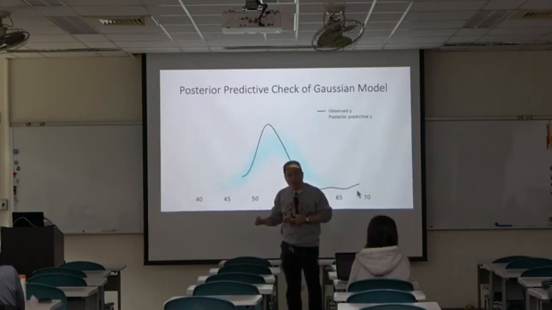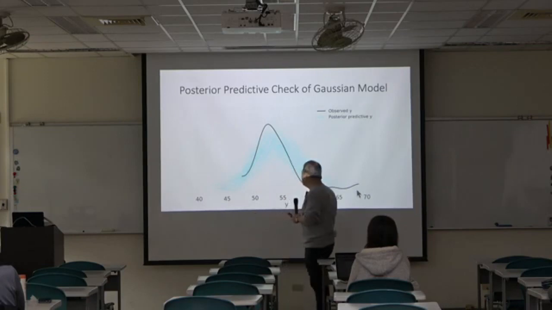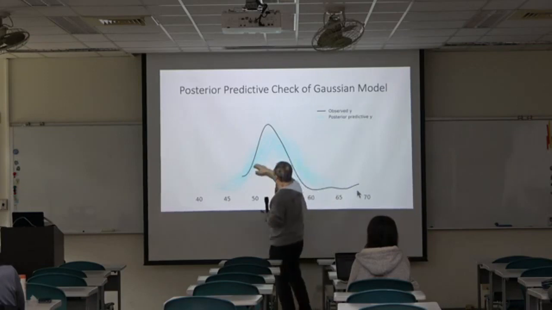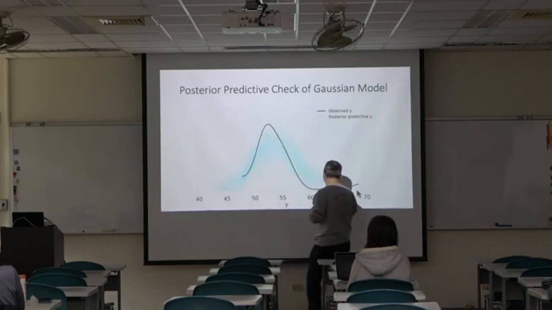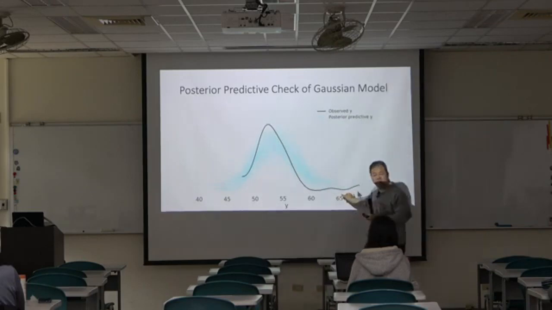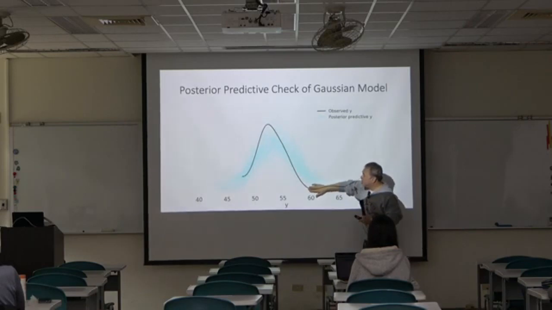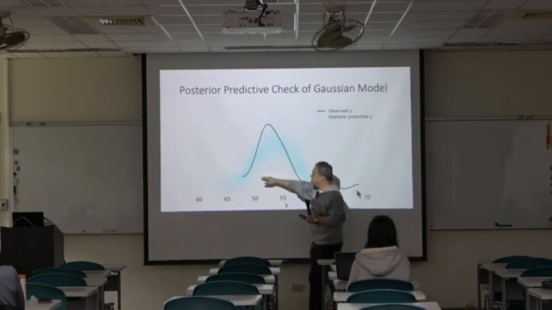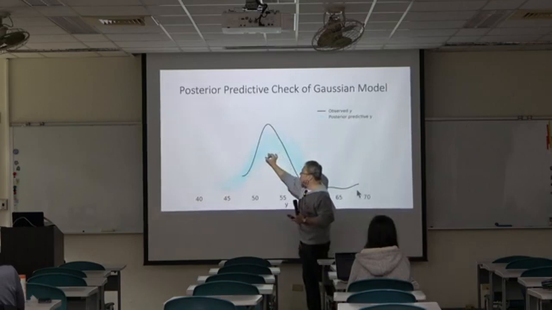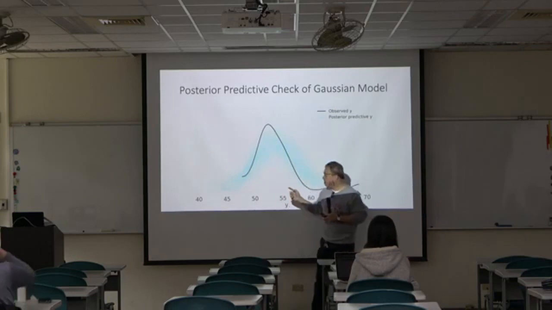And the original data, well, you have two outliers here. Remember, if you do not look at those outliers, the data is much more concentrated to the center.